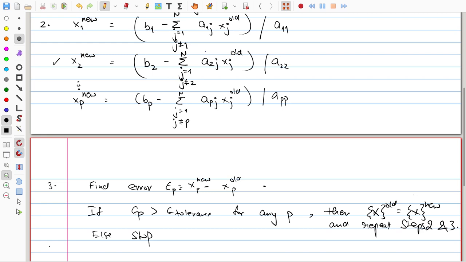So basically whatever new values we have found, we make them old values and then we go back to step number 2, which is to calculate the new values. So we keep repeating the steps until all the epsilons become small enough and then you stop. Is that clear? A very straightforward technique. I mean, you would do any iterative technique like this only. Okay.